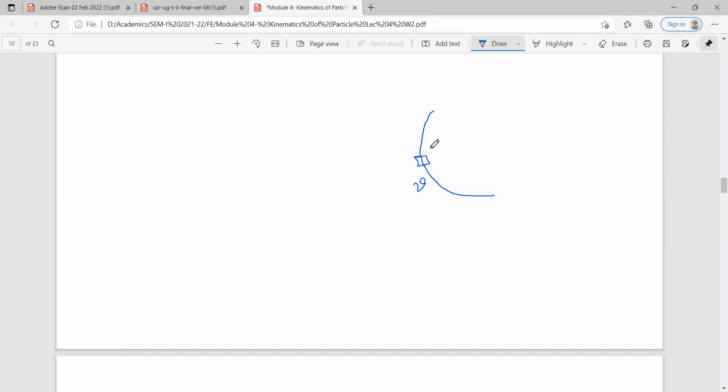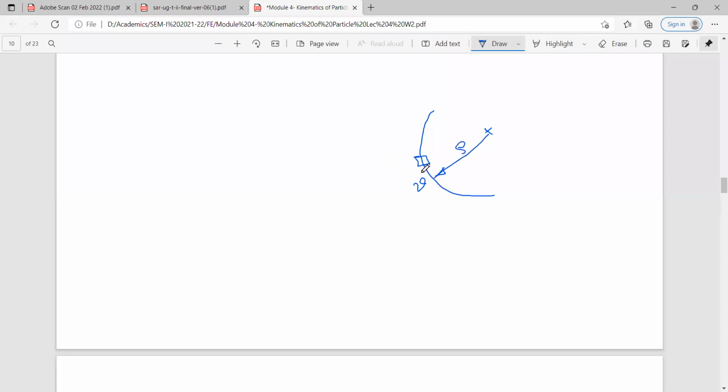Okay, so we come to know that this particular curvature has certain center. Okay, you can consider it as an arc of the circle. So that arc will have the center. After that we define the radius of the circular path, that is equal to rho.